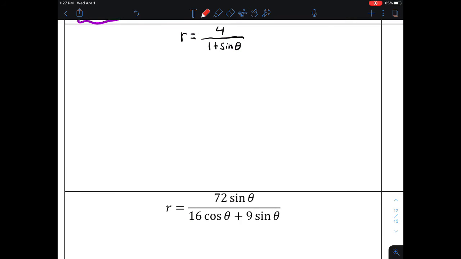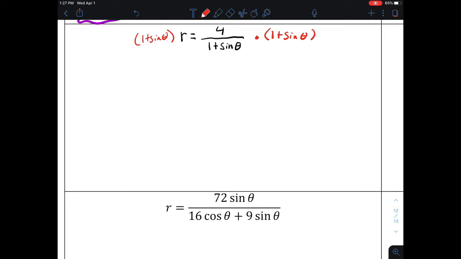All right, let's look at this next one that we want to convert into Cartesian or rectangular form. And so I'm looking here at this next problem, and I'm going to say, all right, let's multiply the 1 plus sine of theta to the other side. So I'm going to multiply both sides by 1 plus sine of theta.